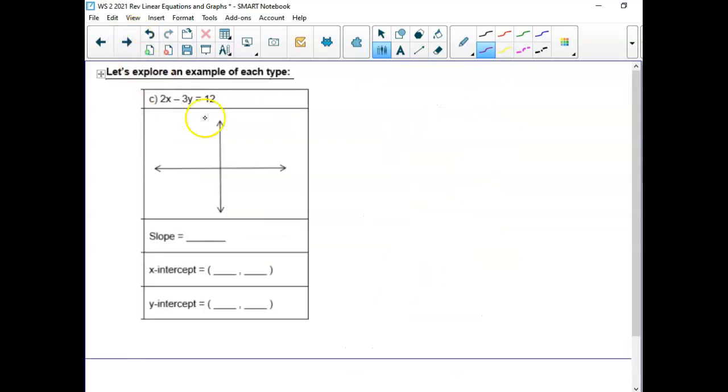All right, this is an ugly form. You can solve for the y if you want, but it's actually the one we did yesterday where we very quickly were able to find both the x and the y intercepts by putting in what? 0 for x and 0 for y. Do you remember doing this yesterday or watching me do it?